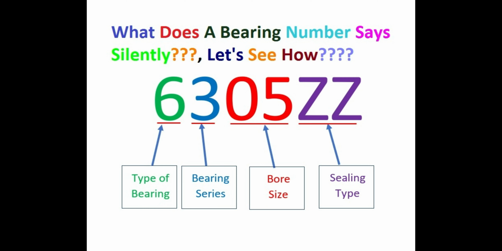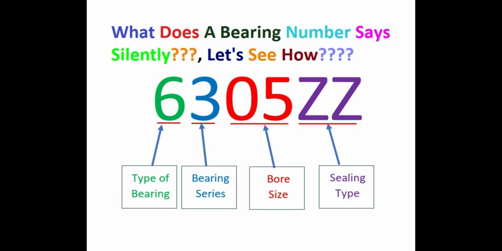Then the third and fourth numbers mean bearing bore size. After that, the last letters mean the bearing's sealing type. There are a few companies which use their own separate identifying nomenclature. However, most of them follow a common standard for bearing nomenclature.